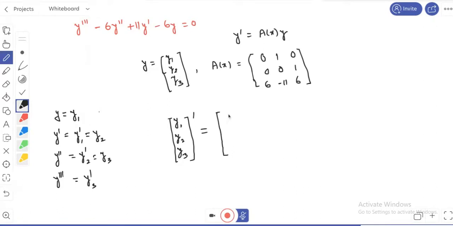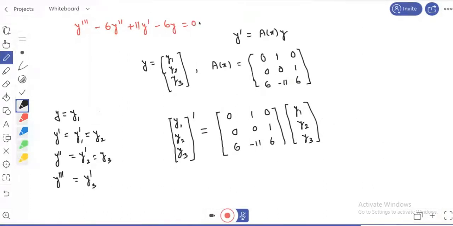It is 0 1 0, 0 0 1, and 6 minus 11 and 6. This is of 3 variables, so a 3 cross 3 matrix, into y, which is y1 y2 y3, plus B(x), but B(x) is absent here, so no term is there.